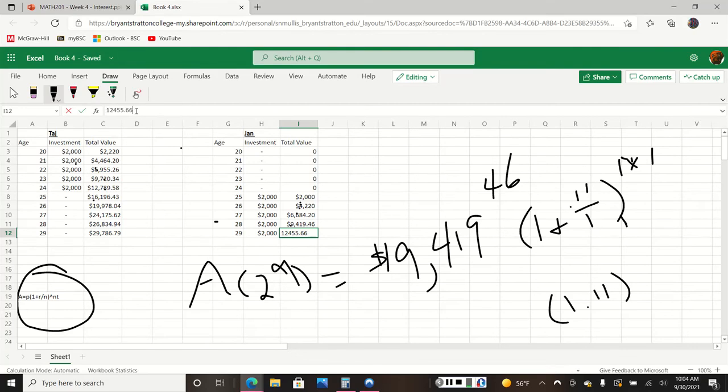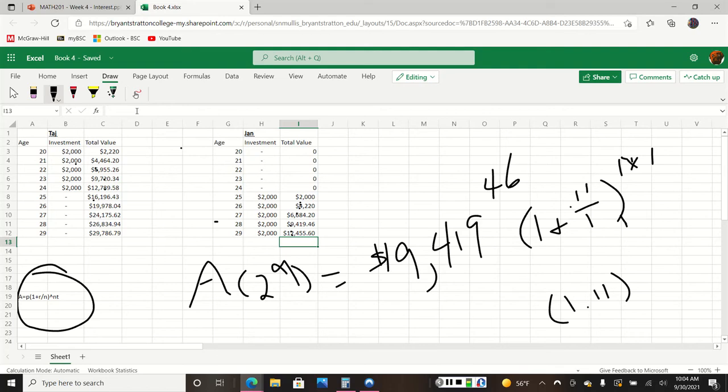So let's take that last six out and put 0. So you can see at age 29, Taj has almost $30,000. At age 29, Jan has $12,456.